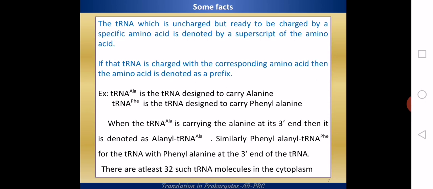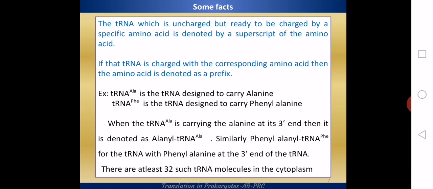And here we can see certain common facts, that for the tRNA we use certain notations. The tRNA with a superscript of an amino acid usually indicates that this is a tRNA designed to carry that particular amino acid.